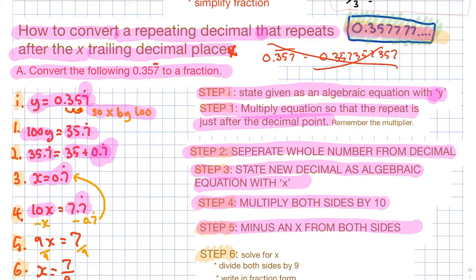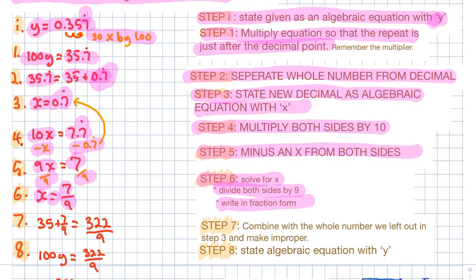Step 5, minus an x from both sides, so that's going to be 9x equals 7. Step 6 is solve for x, divide both sides by 9, and then write in fraction form. x equals 7 over 9.